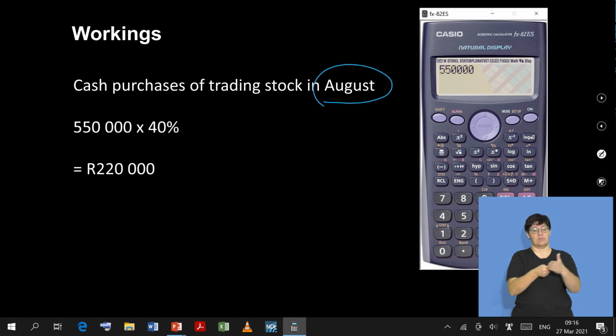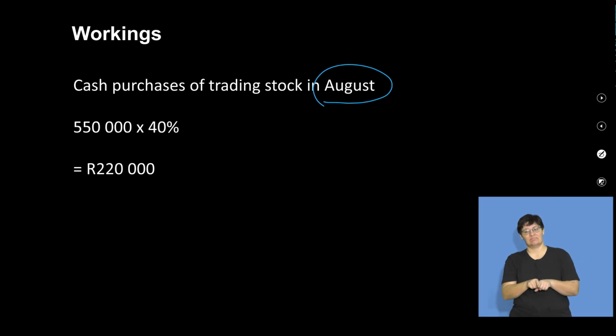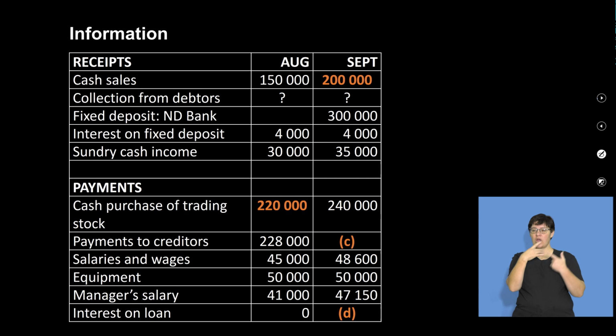You want cash purchases, which is 40% of that figure, and there you go, 220,000 is your cash purchases for that month. Let's look at our cash budget. Here we go, 220,000 as a payment. We slot it in. There's my 220,000, which is my cash purchases of trading stock.